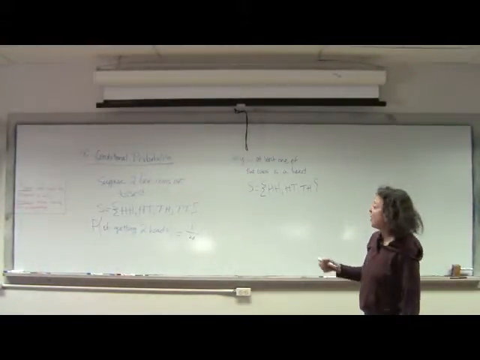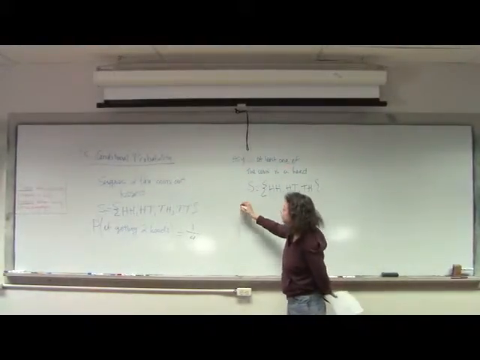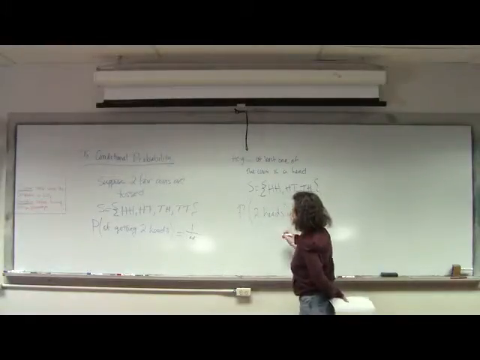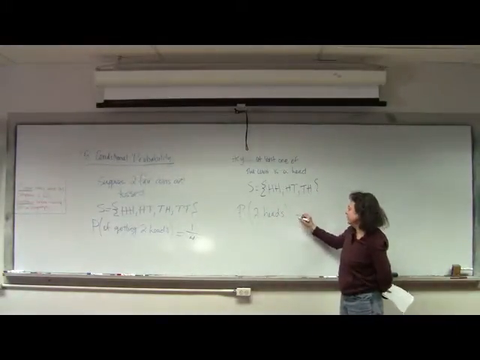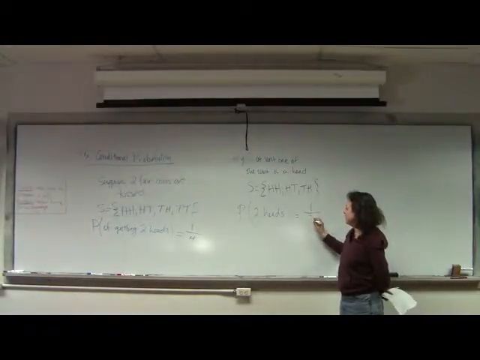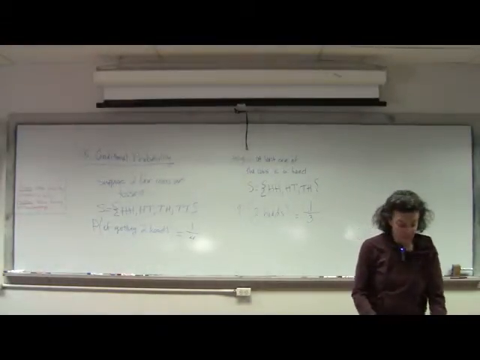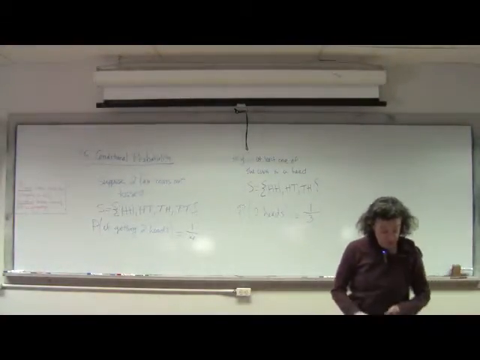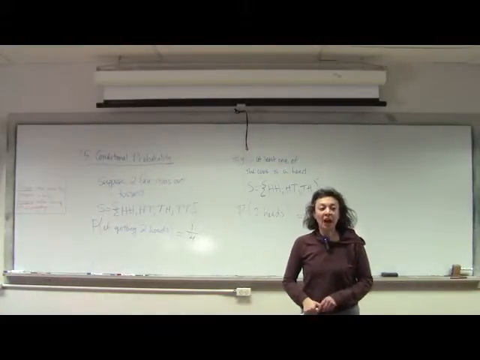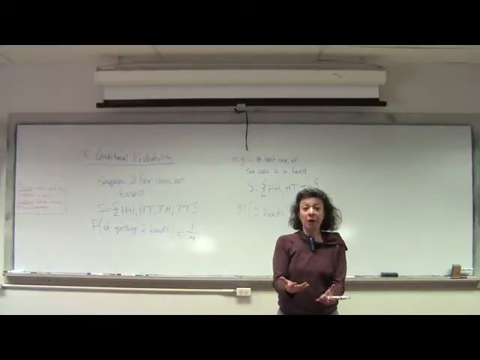Now with this extra piece of information, what if we ask to find the probability that two heads appear? Well, again, that can only occur in one way, but now I only have 3 elements in my sample space. So with the conditional probability, essentially what's going on is that we're wanting to find a probability.